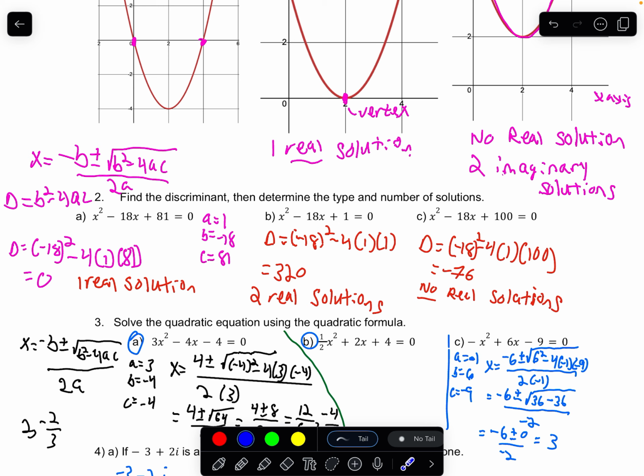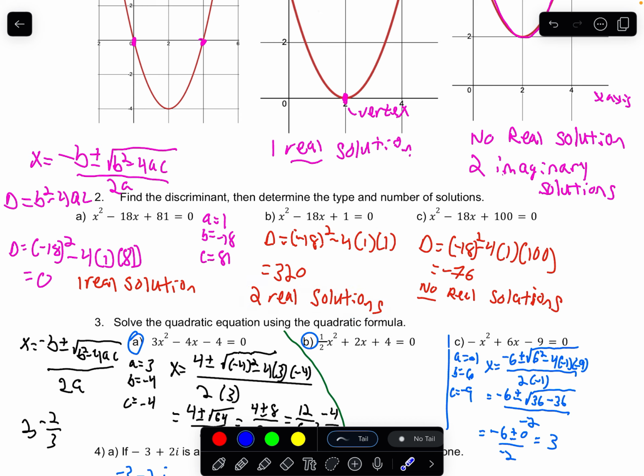On the next one, notice all I did was change c. I made it plus 1. Now when you plug it in, negative 18 squared minus 4 times 1, you get a positive 320 if you do it correctly. That's a positive number, and the square root of 320 is a real number. So you get two real solutions from that.